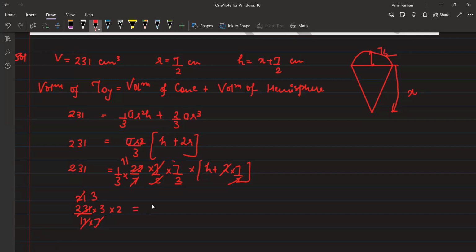So what is left here? h plus 7. So h plus 7 is equal to 18. So h is 18 minus 7, which is equal to 11 centimeter.